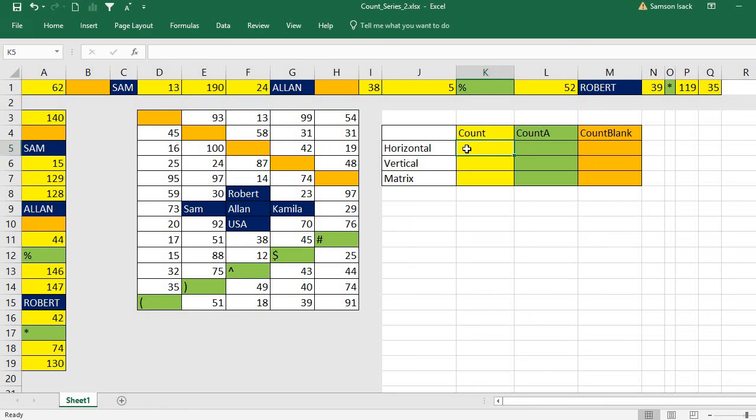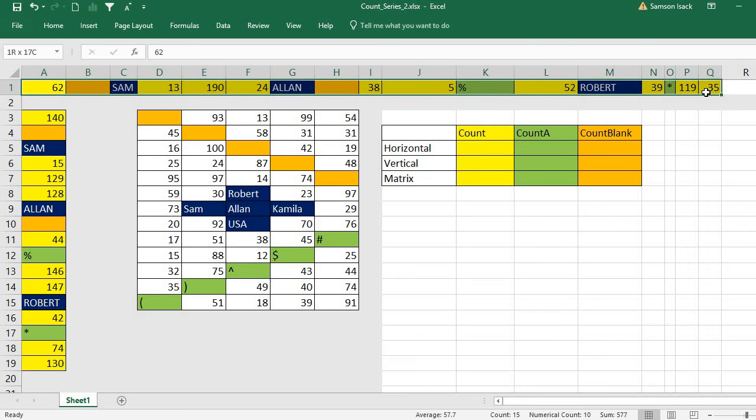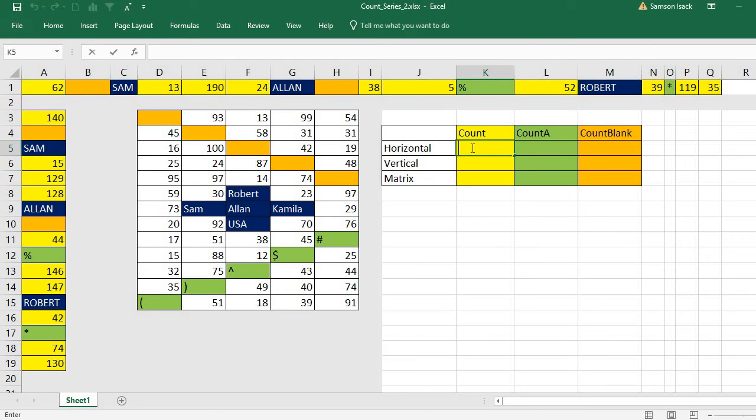Count will give you the total number of numerical values in a range. Here the range is from here to here. So we just use Count of the range. You can give any range.